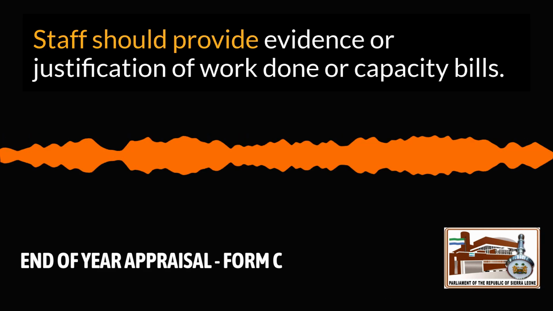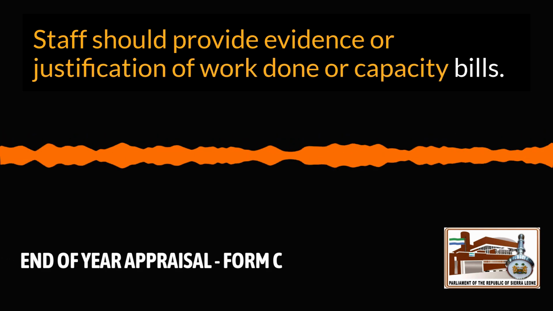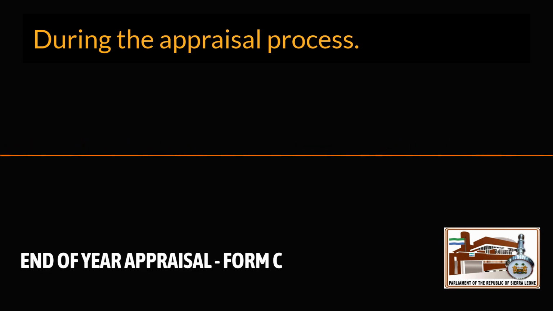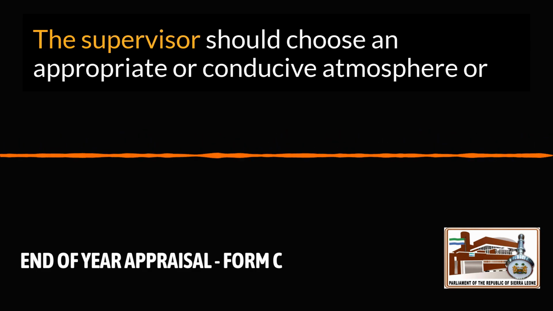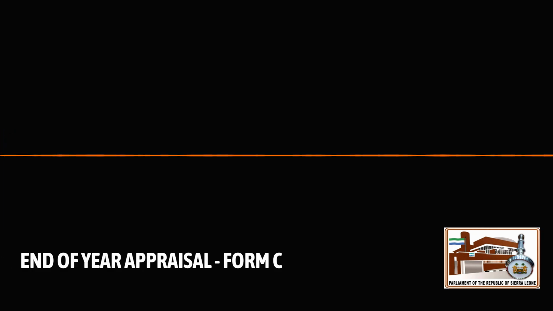Staff should provide evidence or justification of work done or capacity built during the appraisal process. The supervisor should choose an appropriate or conducive atmosphere or place for the appraisal.